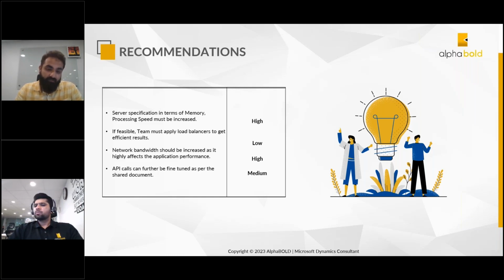But in future, if they want to enhance the existing user load from 1700 to 3400 or 5000 users plus, then they would need to apply load balancers with multiple servers, so that the application would route the requests to different servers based on the load balancers.